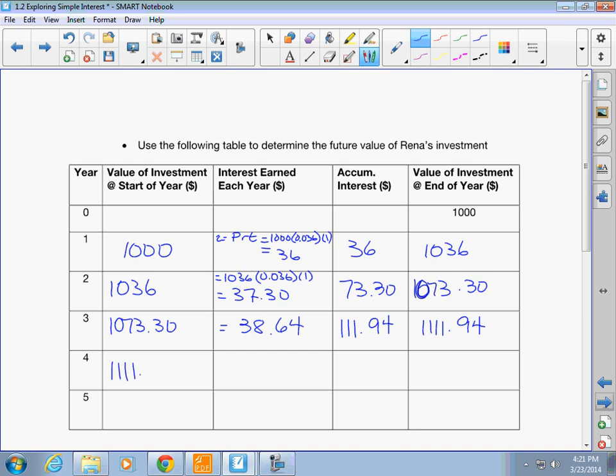For year 4, she starts at $1,111.94. Interest on that would be $40.03. She had 111.94 before, we add that on, it's $151.97. So her total would be $1,151.97.